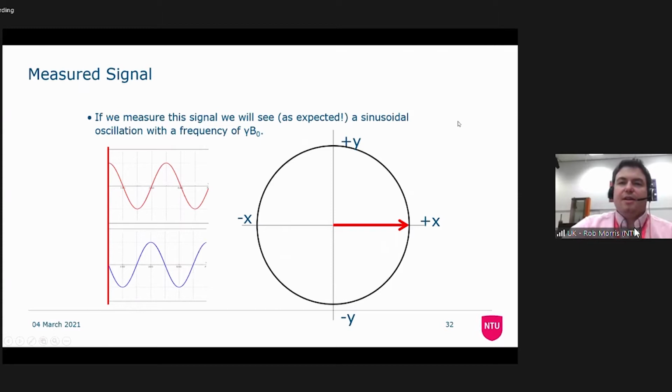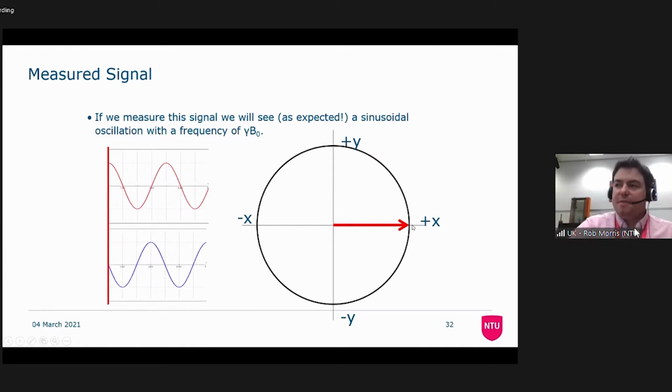Okay, so if you think about our spins basically going around in a circle, the signal which we get out is a sinusoidal signal. So you can see that on here, the red curve at the top is positive when it's to the right, so facing plus X, and the bottom one is Y, which is positive when it's facing upwards.